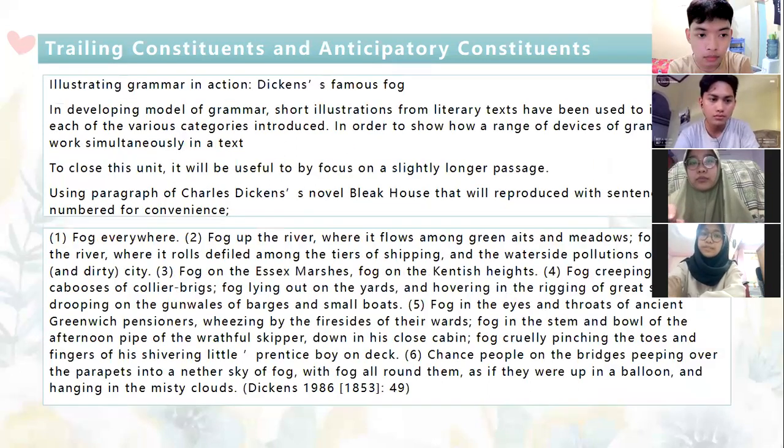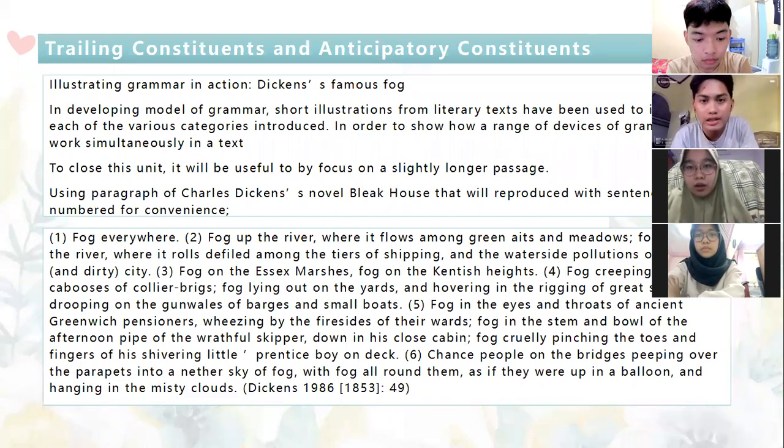Wahyu, go on. Okay, and it's all about trailing constituents and anticipatory constituents. Illustrating grammar in action, Dickens' Bleak House. In developing a model of grammar, short illustrations from literary texts have been used to illustrate each of the various categories introduced.